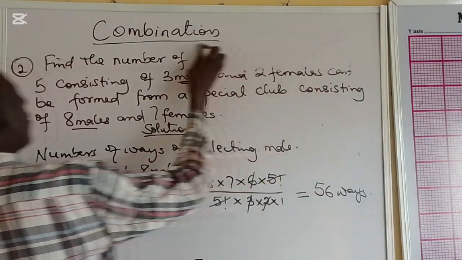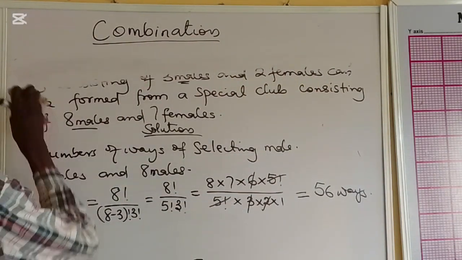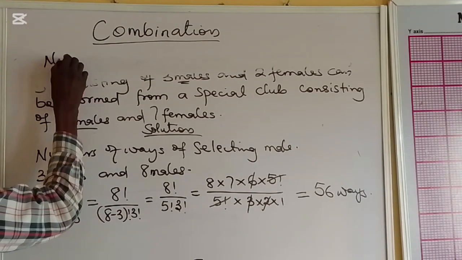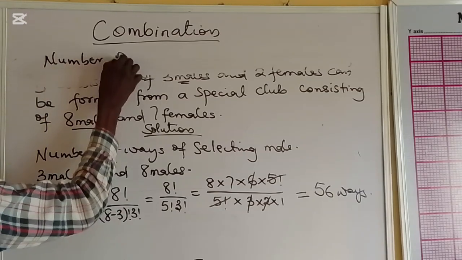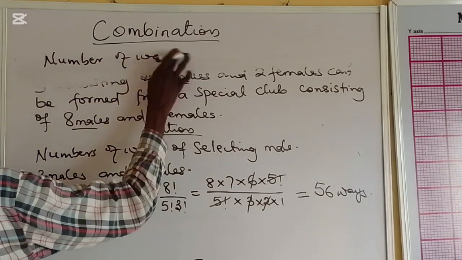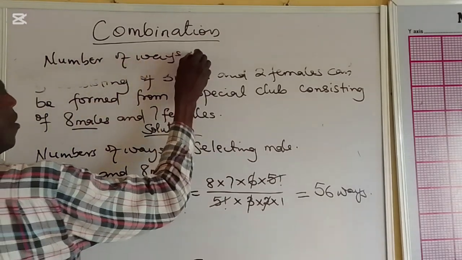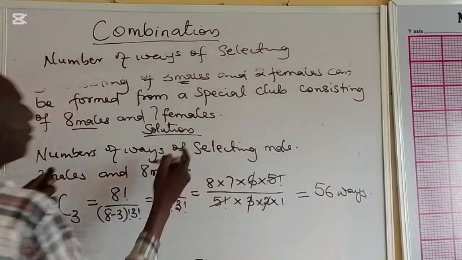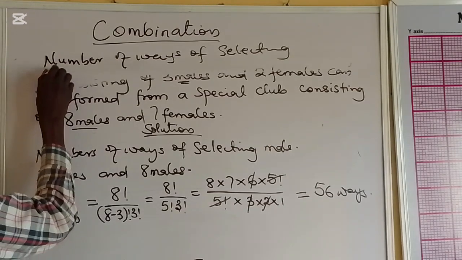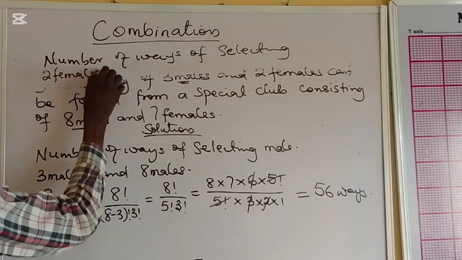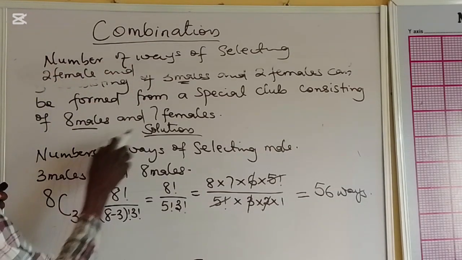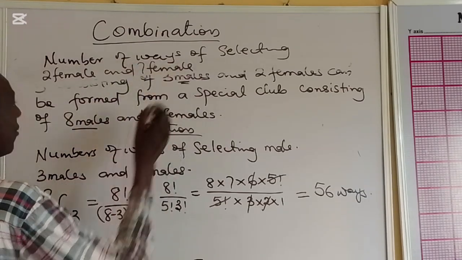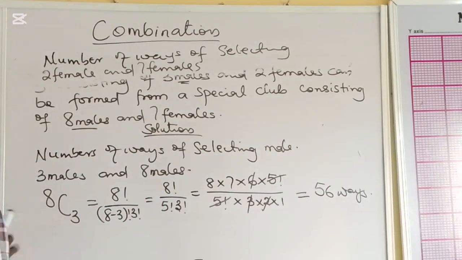So the number of ways of selecting 2 female from 7 female.